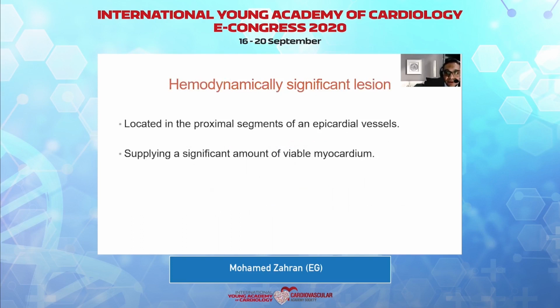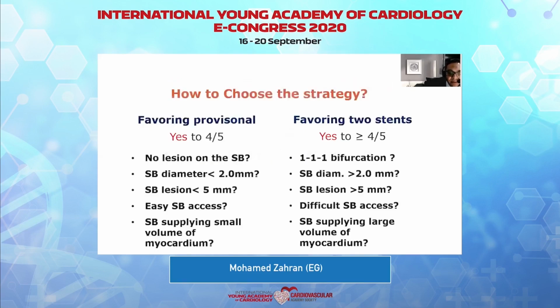So, of course, you need to identify the significant lesions, the hemodynamically significant lesions, whether by intracoronary imaging or intracoronary physiological studies, or very tight lesions that are more than 90% by visual estimation, taking into consideration that they supply a significant amount of viable ischemic myocardium.